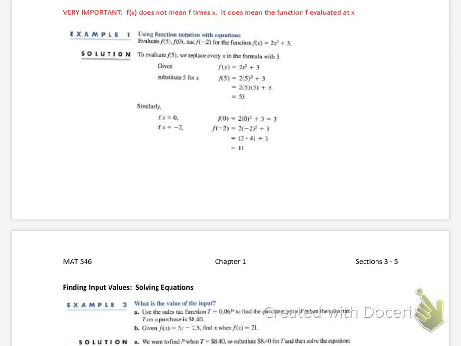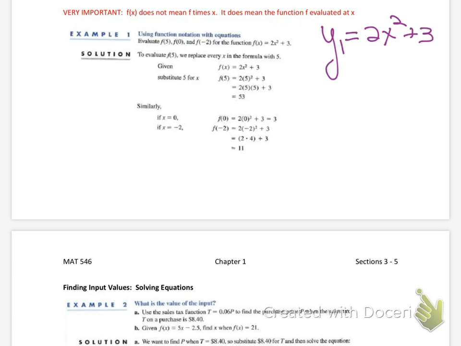Okay, so here's more examples of evaluating functions, and I have a comment to make about your graphing calculator. If you know you have to evaluate a function numerous times, what I would suggest is that in your y1, put in 2x squared plus 3. All right, and then go to your table.